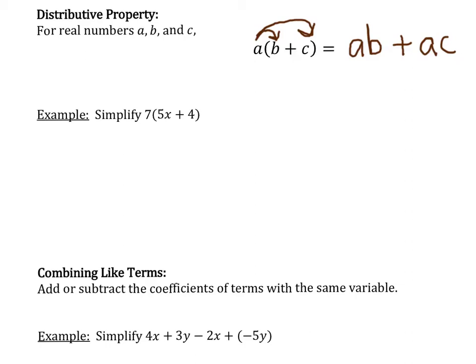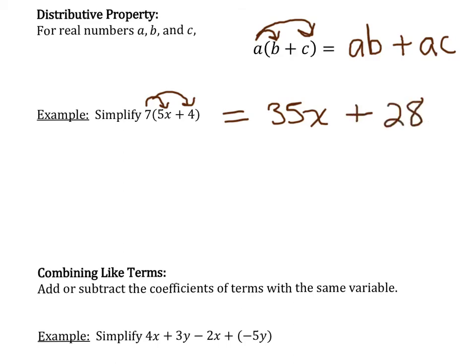Let's look at an example of using the distributive property. It says simplify 7 times (5x plus 4). Well, I have to distribute the 7 to the 5x. That'll give me 7 times 5 is 35x. All right. And notice when I go to do the 7 times 4, I get 28.